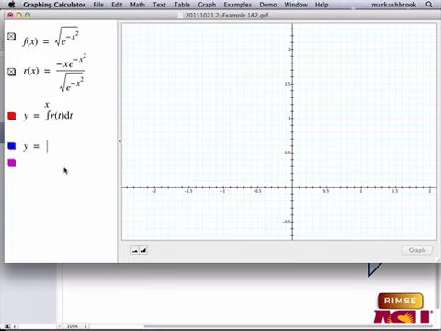Nick, did you get open form? It would be the integral from -2 to x of 1/2 times 2t e to the -t squared over the square root of e to the -t squared.